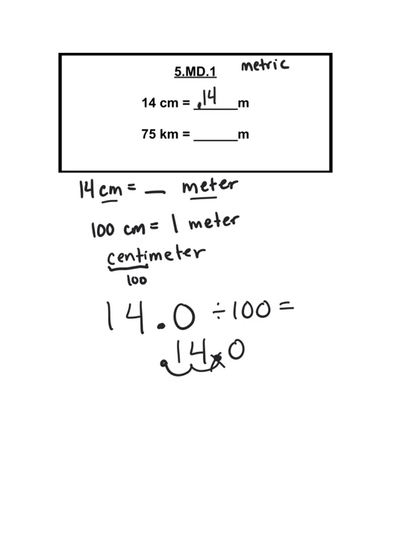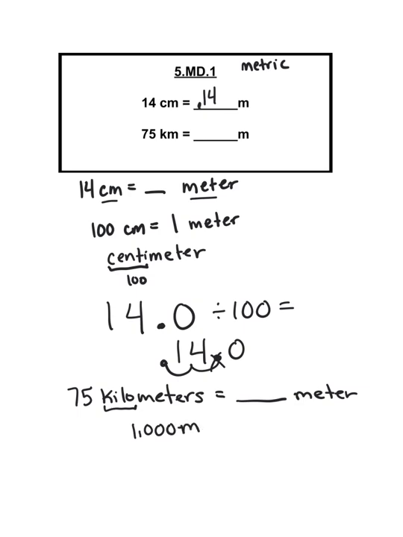Then when I convert 75 kilometers, I'm going to write this out longhand, 75 kilometers to some number of meters, I have to remember that kilo stands for 1,000. So there's actually 1,000 meters in every kilometer.